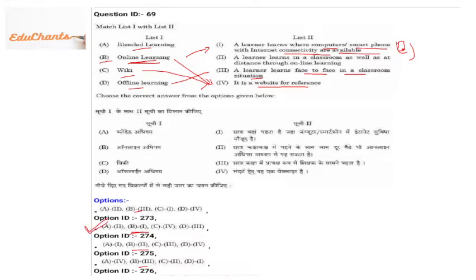Right? Then you can go for blended learning. What is blended learning? Offline plus online learning. Blend means to mix up, right? So option 2, a learner learns in a classroom as well as at a distance through online. That means offline learning plus online learning becomes blended learning. So you have got your answer from these two only.